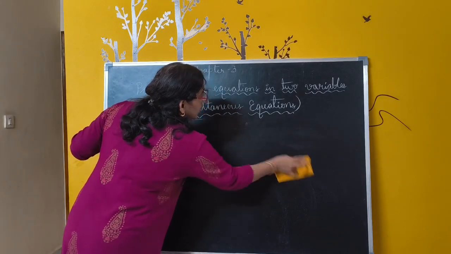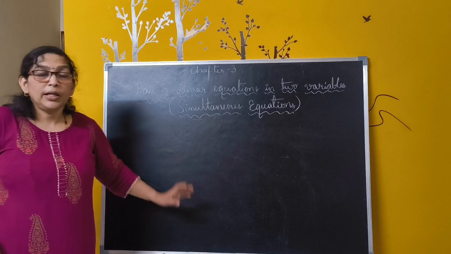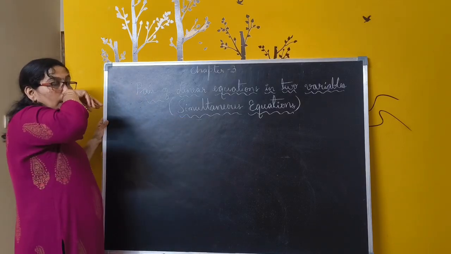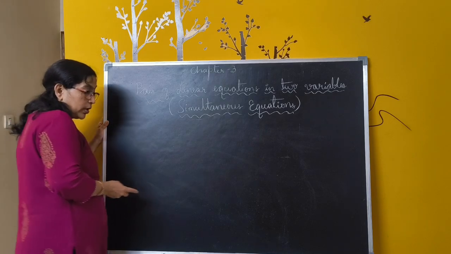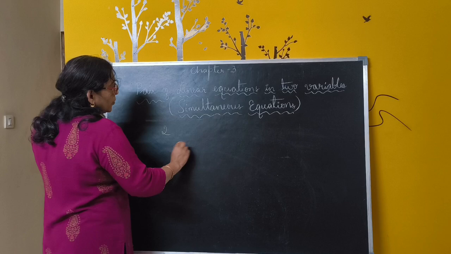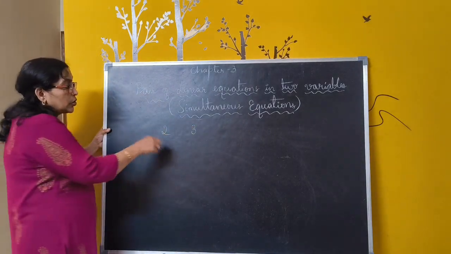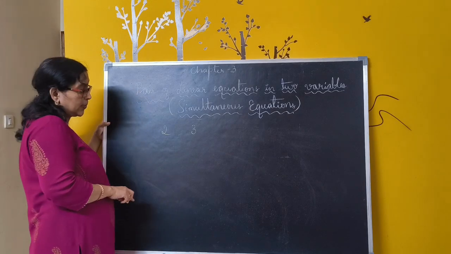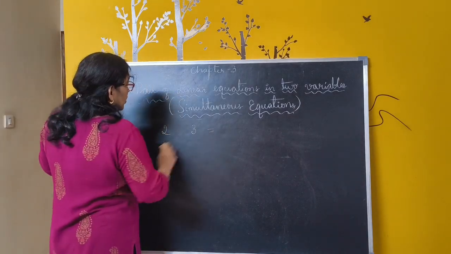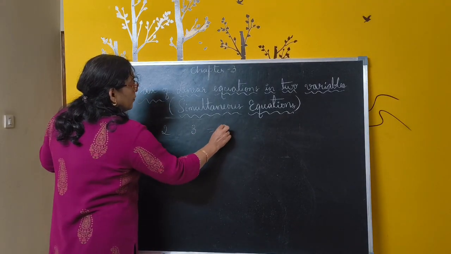Now let me explain this with an example. I am taking the same example. Suppose you want to buy two chocolates and three biscuit packets, and together you are going to pay 50 rupees.